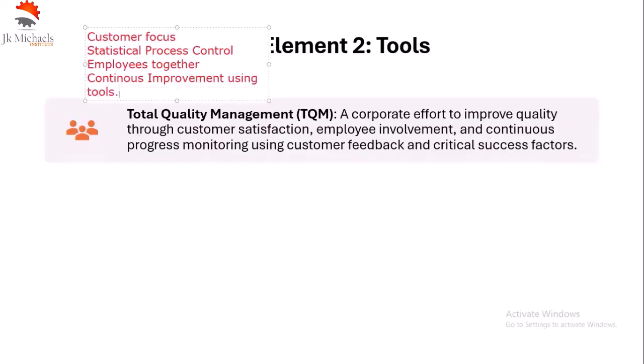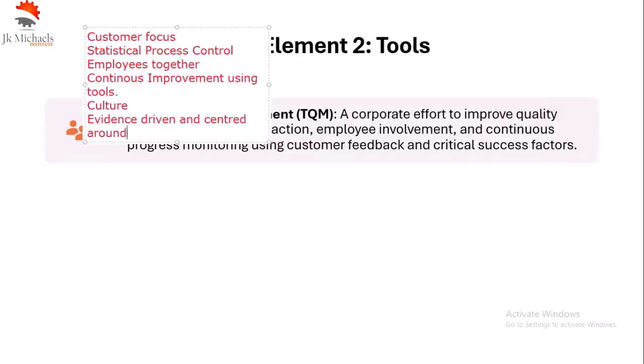Now, total quality management is expected to, of course, be a culture rather than just a deed. It's supposed to be inculcated into the whole of the employees, the whole of the team, and how they behave, right? It's evidence driven. In other words, we use data, and centered around key success factors.